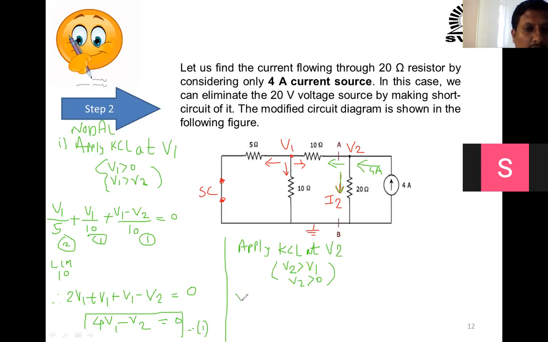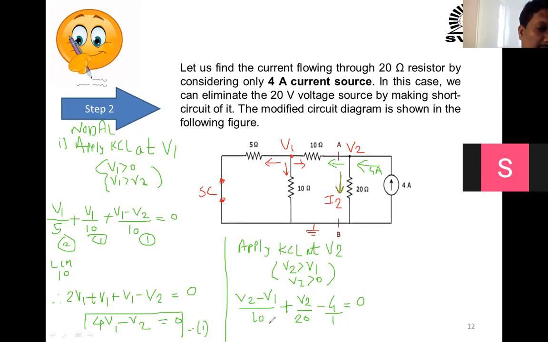So of the three currents, two are outgoing, these two, and this is incoming. V2 minus V1 divided by 10, next plus V2 minus 0 divided by 20, next minus 4 is equal to 0.